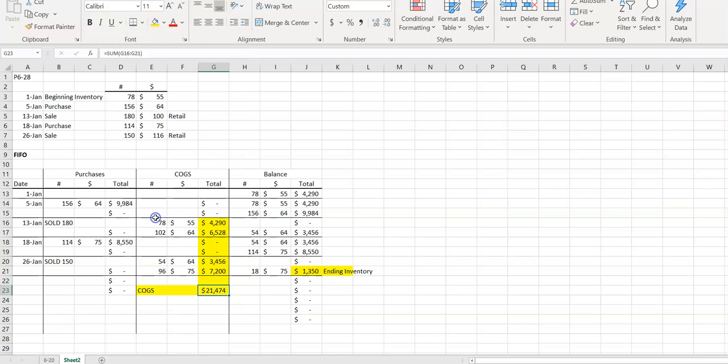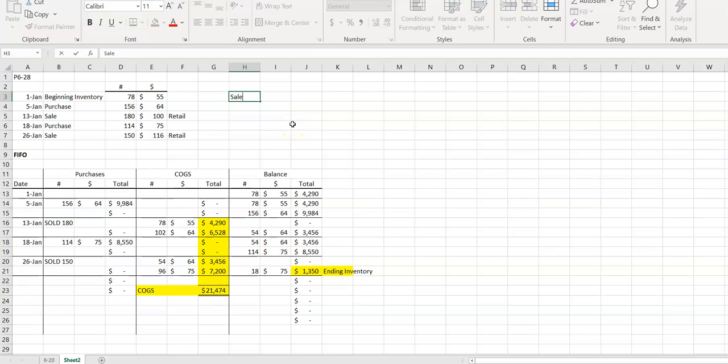And then we need to find our gross profit. So I'm going to come up here, I'm going to do my sales. All right, my sales are 180 times 100 and 150 times 116. So this is my total sales.